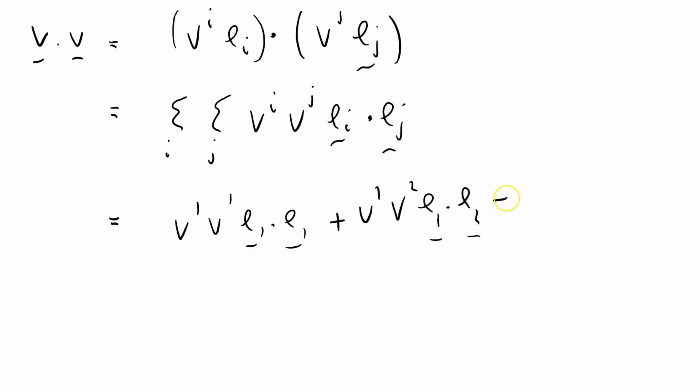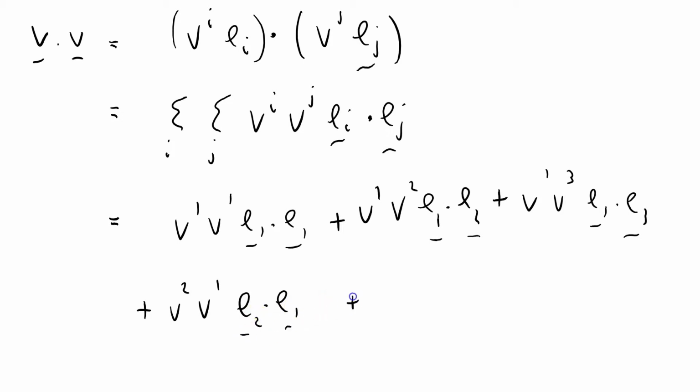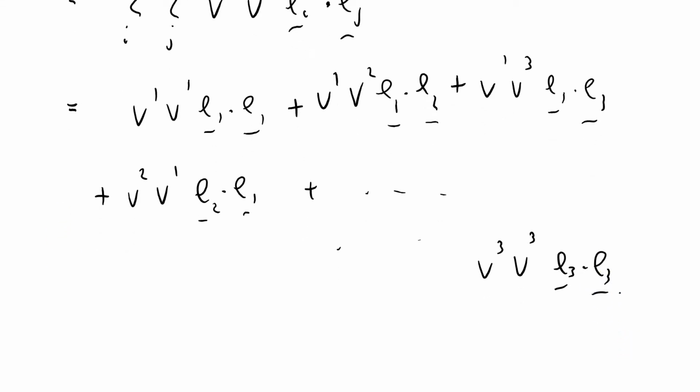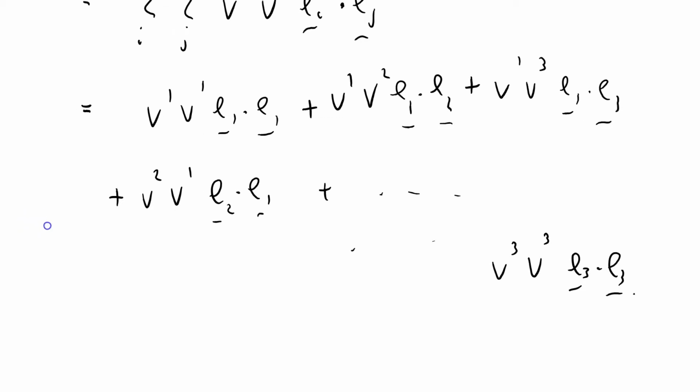Quite a lot of work here. v^1 v^3 e_1 dot e_3, plus the row 2 column 1 term, plus dot dot dot all the way down to v^3 v^3 e_3 dot e_3. Well, that's great. So there's 9 terms there altogether, but of course if it was a four-dimensional space you'd have 16. So let's just think about this and how this crops up all the time.